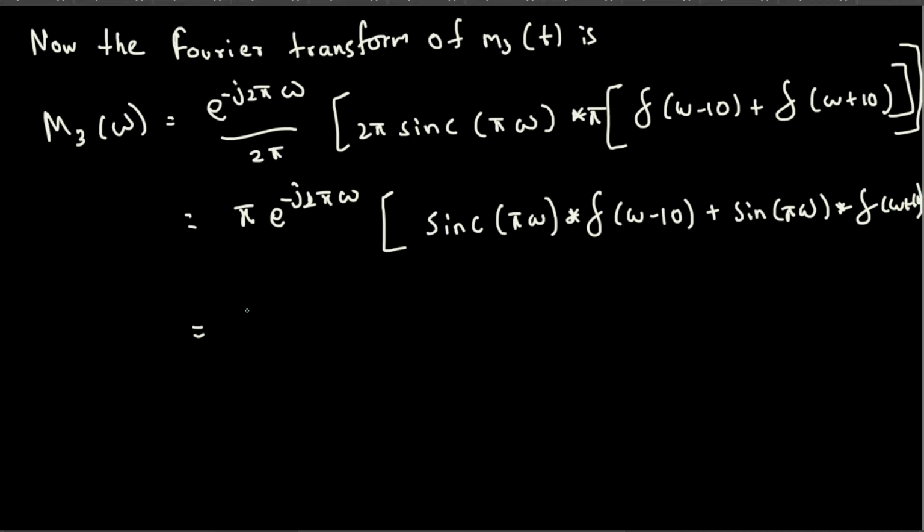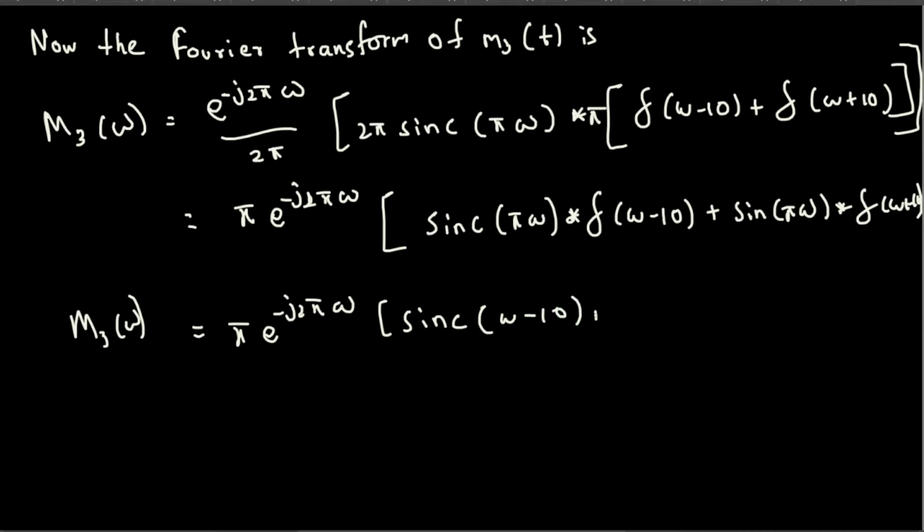So if we do the convolution, we are going to end up with π e^(−j2πω), and this is going to be sinc(ω − 10π) plus sinc(ω + 10π).